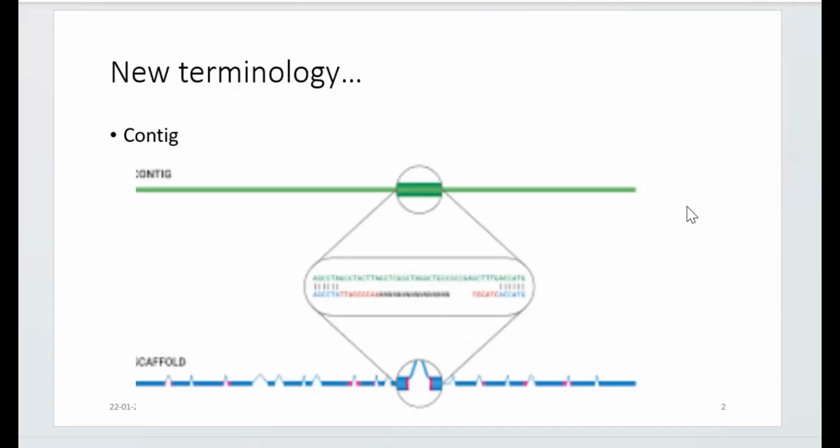In short, it is the ATGC sequence which is continuous and without gaps, right? So if this is the scaffold, then part of it here you see a gap. That gap is extracted and the ends are joined. So the simple definition is that you are going to have a flow of ATGC sequence without gap. That is referred to as contig.